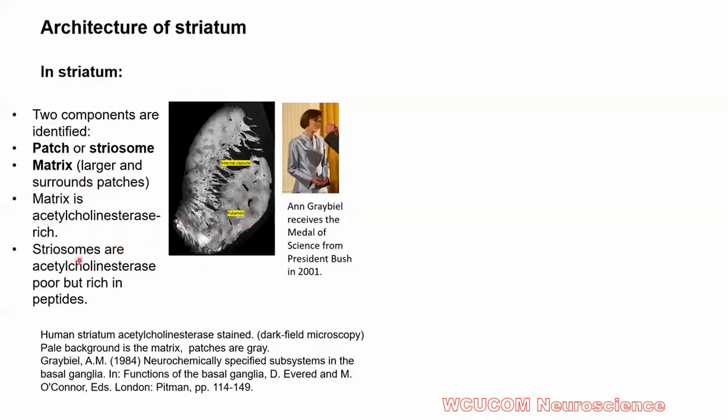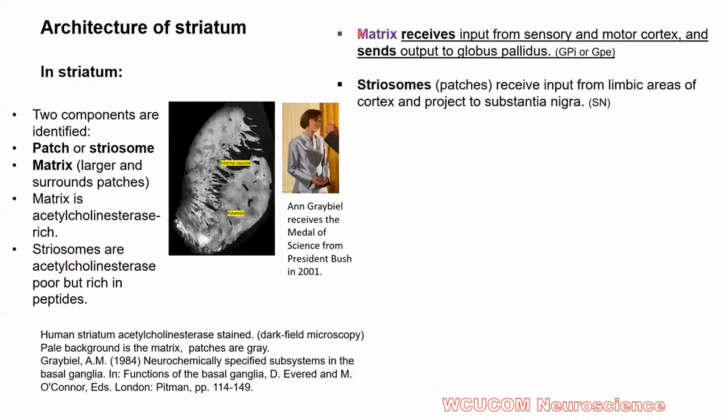The striosomes or patches are acetylcholinesterase poor, but they are rich in peptides. We will spend most of our effort on describing what happens to the matrix, because the matrix is the one that receives the input from the sensory and motor cortex and then sends the output to globus pallidus.